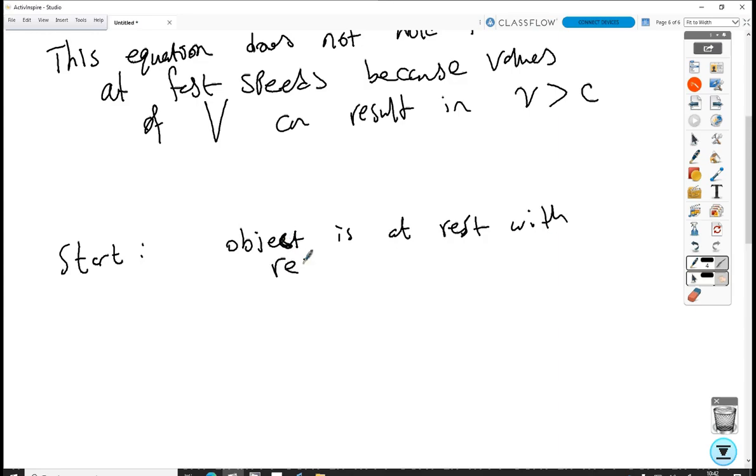There's a c there. So your rest energy is E equals mc squared. But remember, we're using the rest mass, so it's m naught c squared. And because it's the rest energy, we'll also call that E naught.